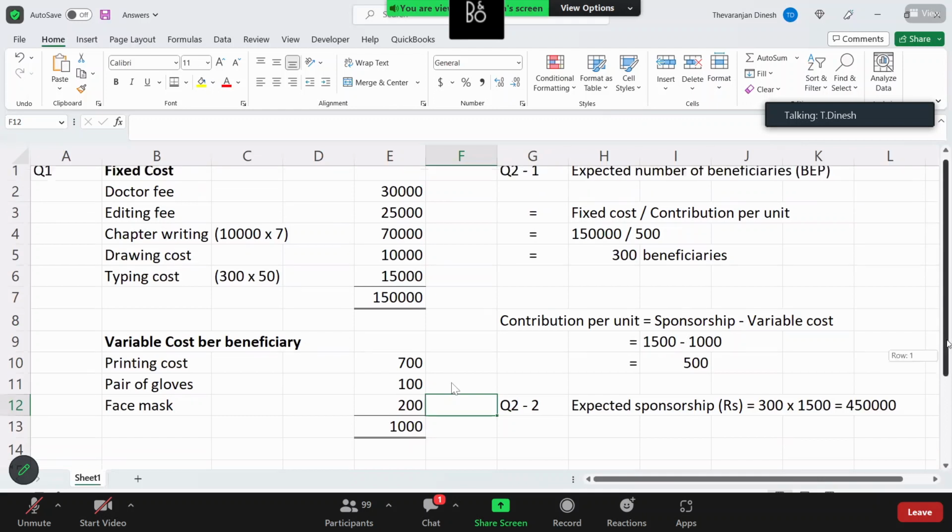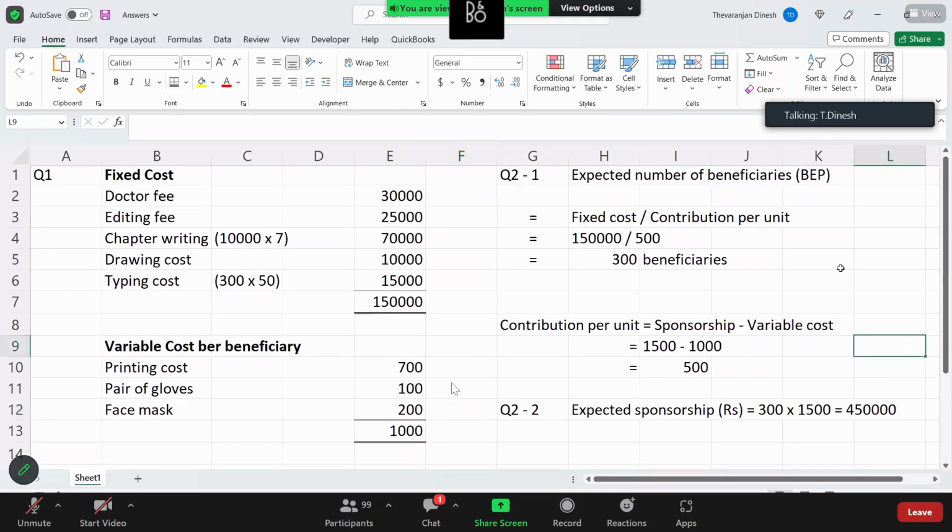So that is question number 2. If you have understood, please put yes in the chat box.